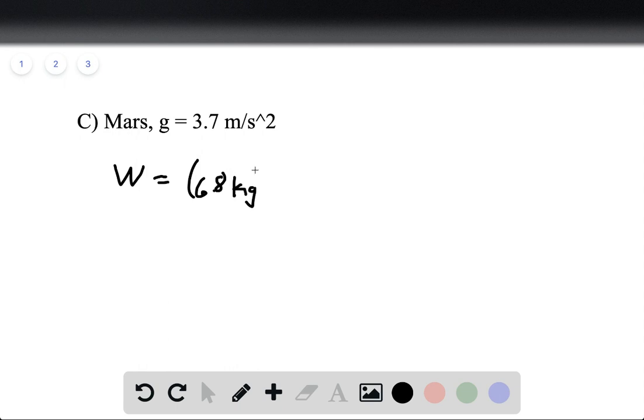Part C, we're just going to do the exact same thing. They also tell us the acceleration due to gravity, but on Mars, 3.7 meters per second squared. Still using the same mass, because this is all about the same astronaut, 68 kilograms.